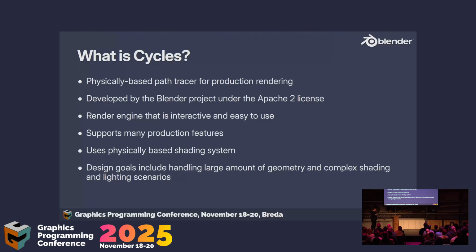So what is Cycles? It's our physically based path tracer which we aim to be used for production rendering. It's developed by the Blender project, so it's completely free and open source. In fact, we license Cycles under the Apache 2 license to allow it to be integrated in other software.